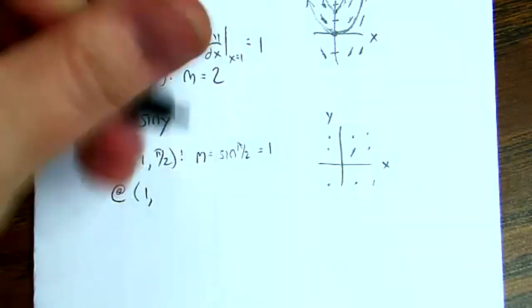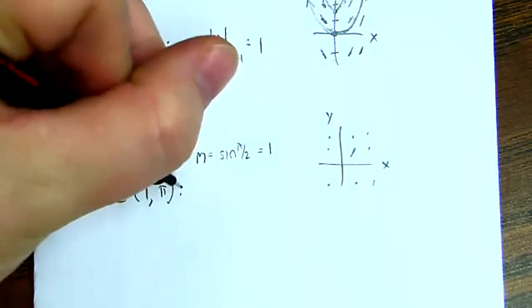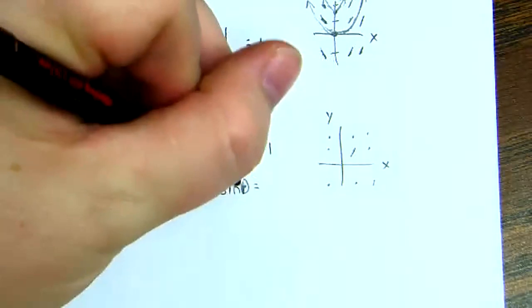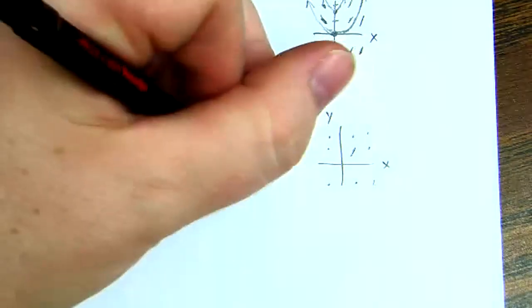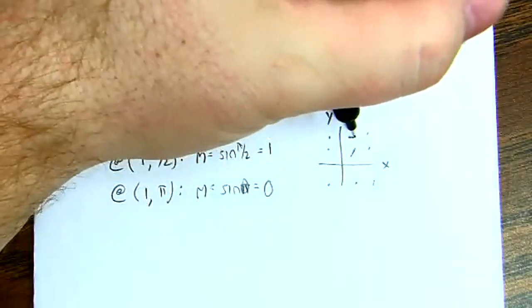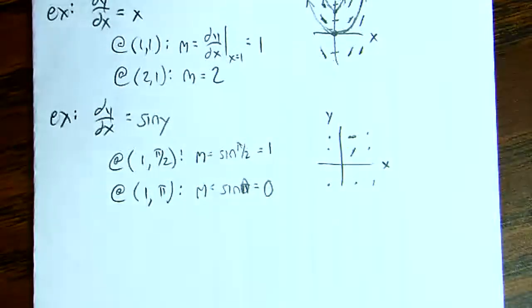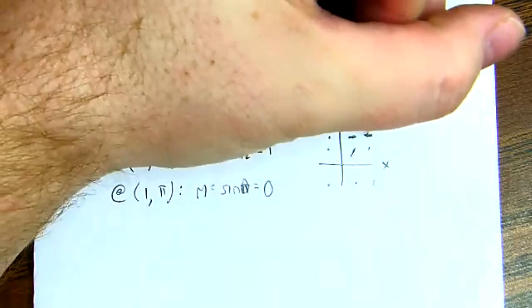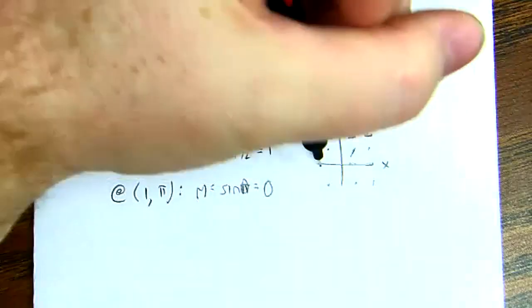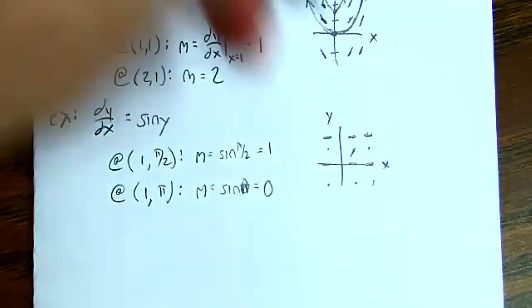At the point 1 pi, we have a slope of the sine of pi, which is 0. So here we have a slope of 0. And in fact, anytime the y value is pi, we have a slope of 0. Anytime the y value is 0, we have a slope of 0.